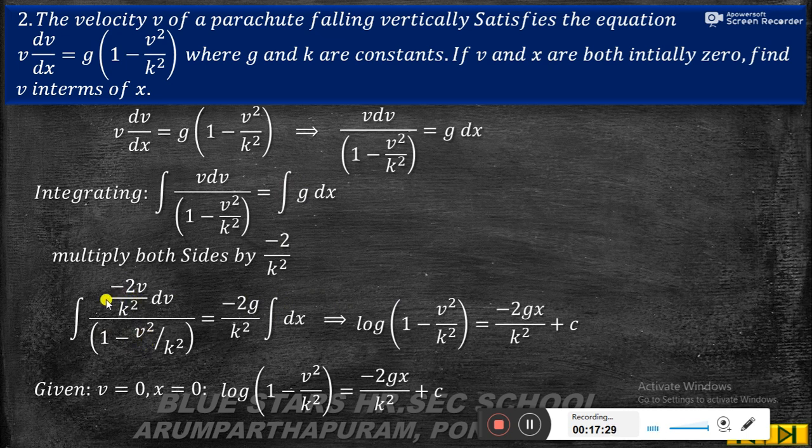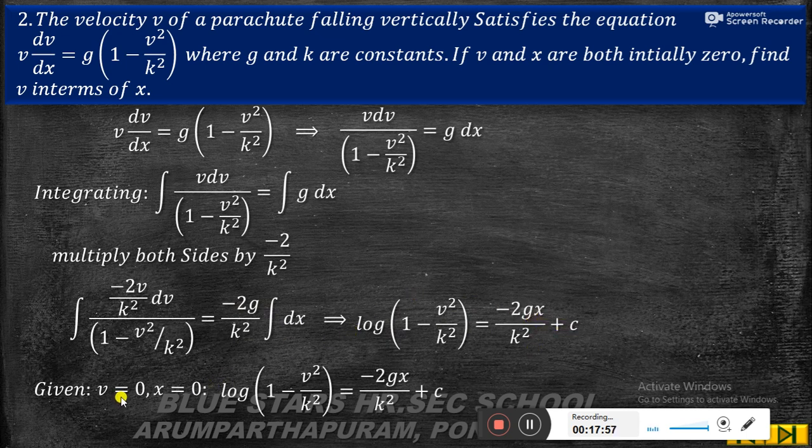So the integration of this is log of 1 minus v square by k square, because its differentiation is in the numerator. So we write log of 1 minus v square by k square equals minus 2g by k square, integration of dx is x, so minus 2gx by k square plus c.